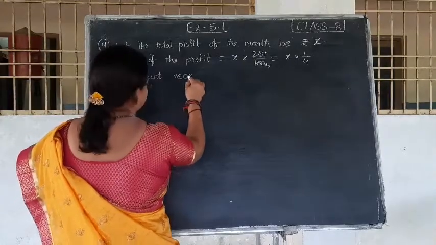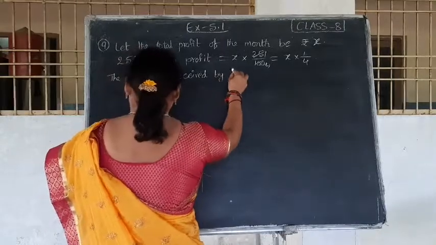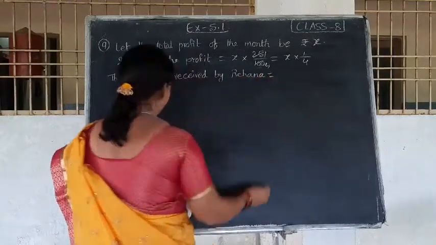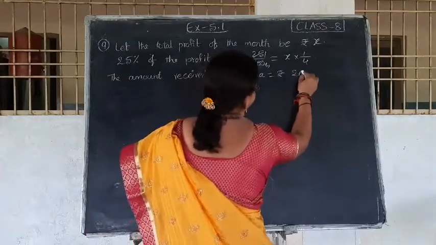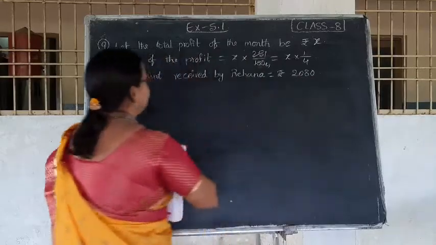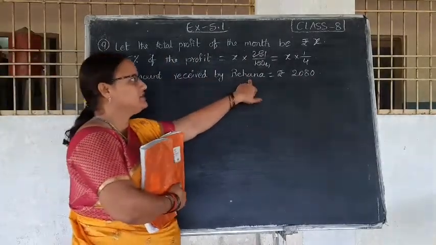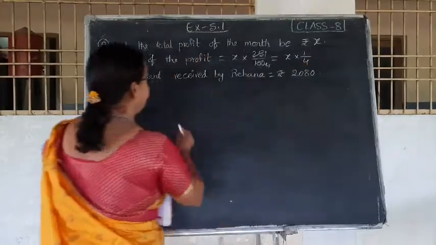Rihana received 25% of the profit, but the amount is 2080 rupees. So 25% of the profit means X by 4 and the amount is 2080.